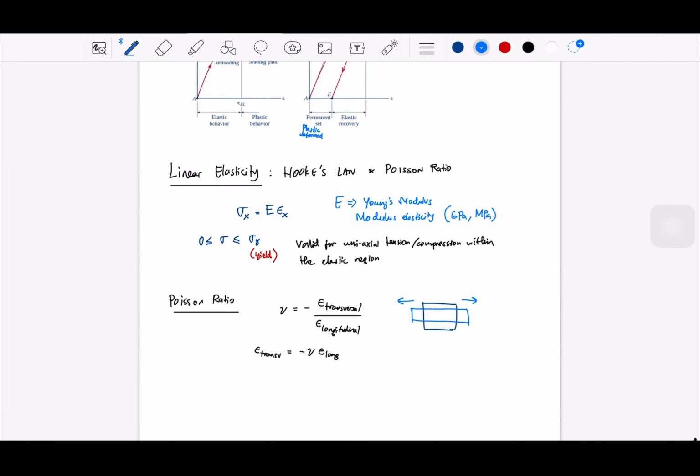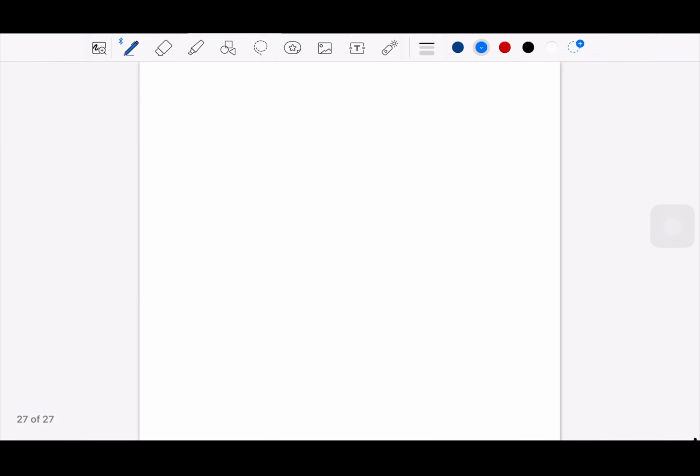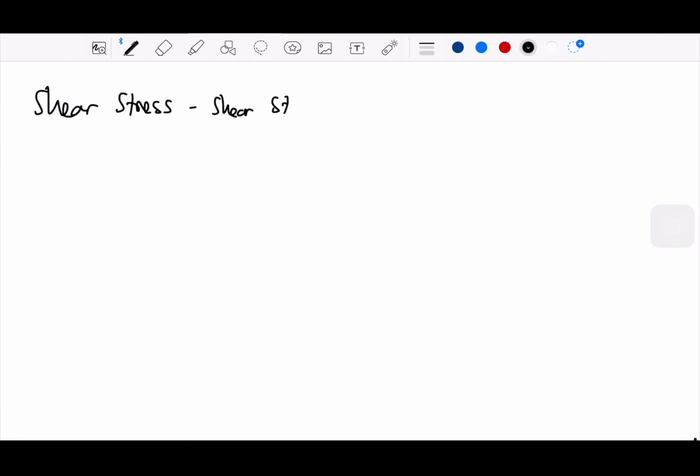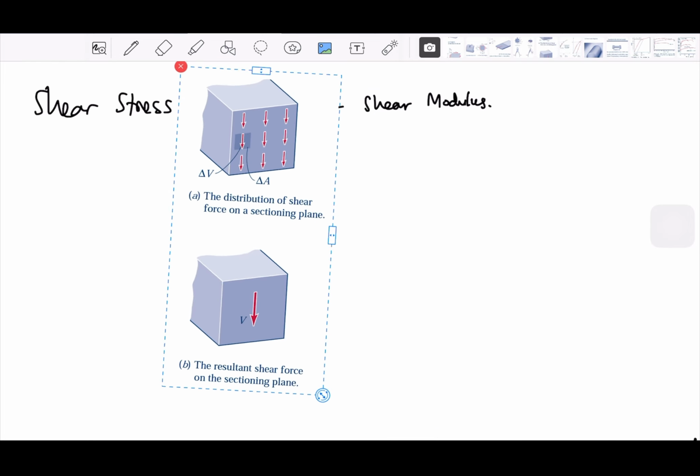Okay, now continue a little bit on shear stress. Shear stress, shear strain, and shear modulus. Okay, now the shear stress, if we got the picture here.